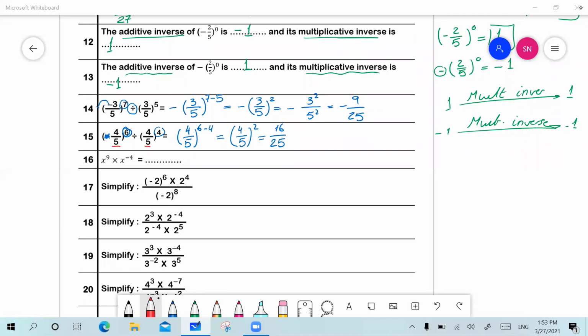It will be x to the power of 9 plus negative 4. I take the power with its own sign, Maryam. So it is equal to x to the power of 5. Be careful that I take the power with its sign.